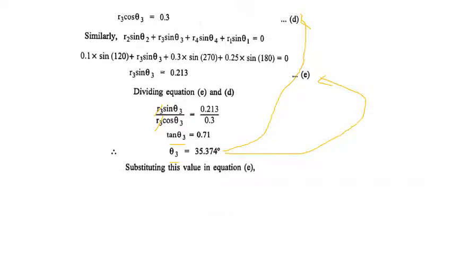Now I am going to substitute the value in equation E. In this equation, R3 sin of 35.374 degrees, and on the right-hand side we have 0.213. Simplify this equation and solve for R3. After simplifying we got R3 is equal to 0.368 meter.